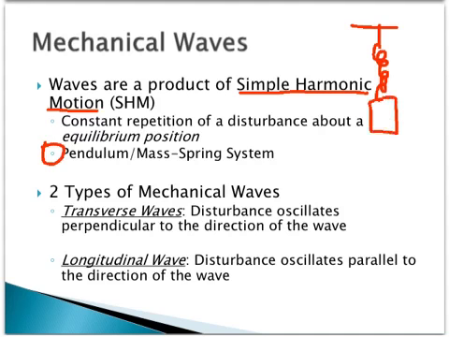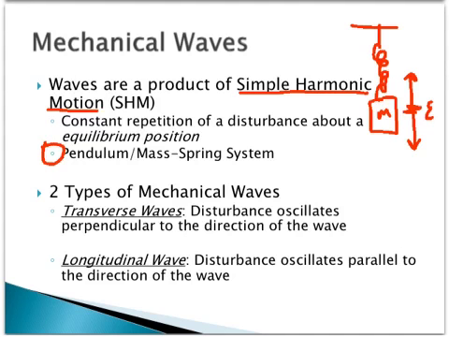It's initially at some point that we call equilibrium. If I disturb this mass upward, it's going to oscillate up and down across this equilibrium position, and that oscillation is repetitive. It's going to continue on and on. If there is no friction or any non-conservative forces present, that disturbance is going to continue on and on. So that constant repetition is what creates a wave.